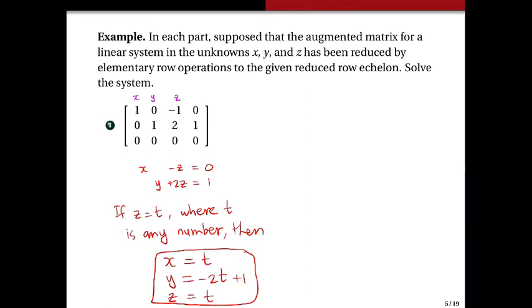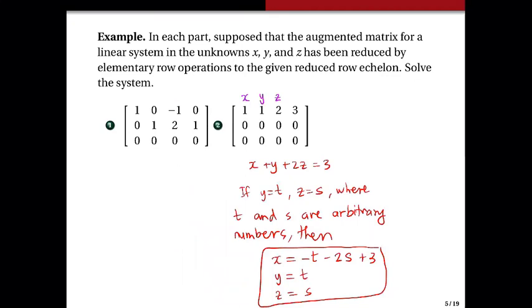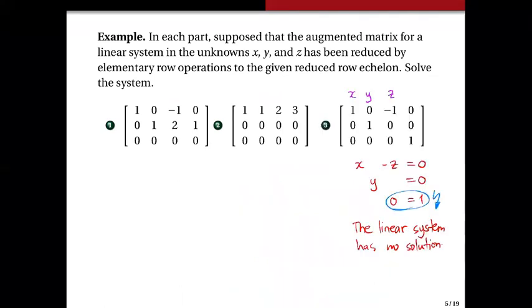And we get the reduced row echelon form of the augmented matrix, okay? And then following the examples that we did here, we can get the general solution of the linear system. I hope that was clear.